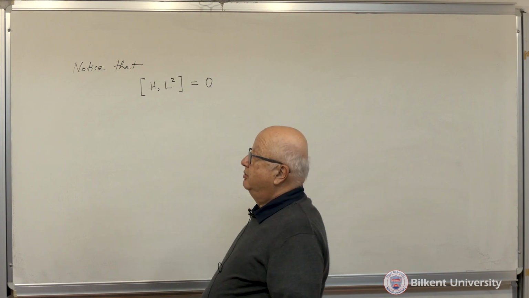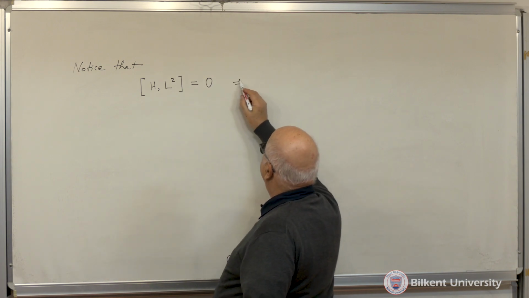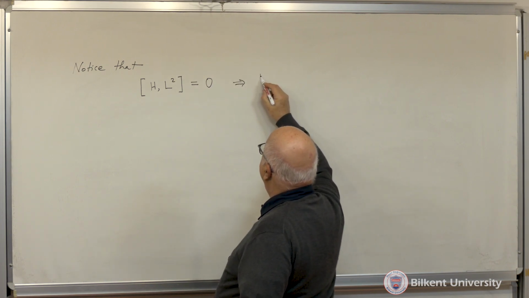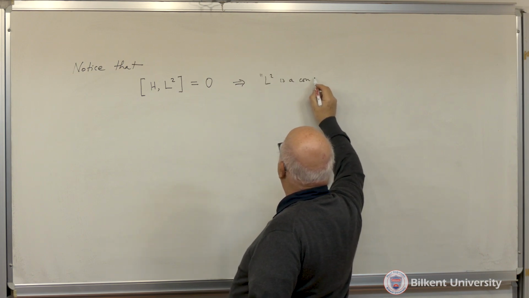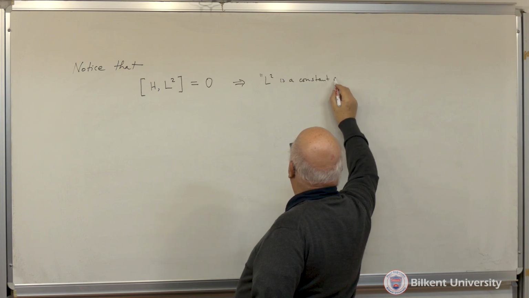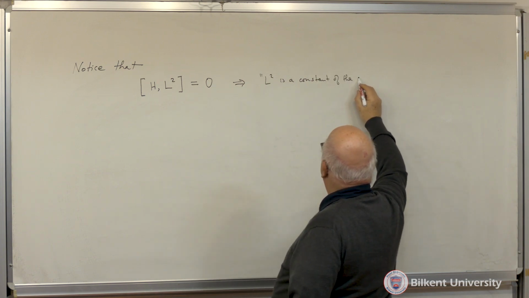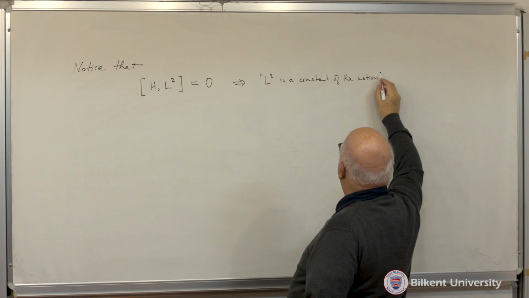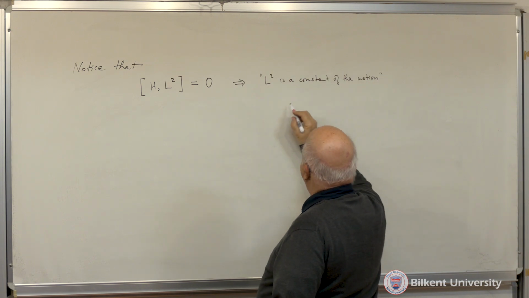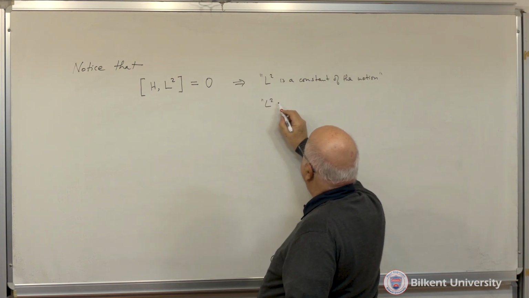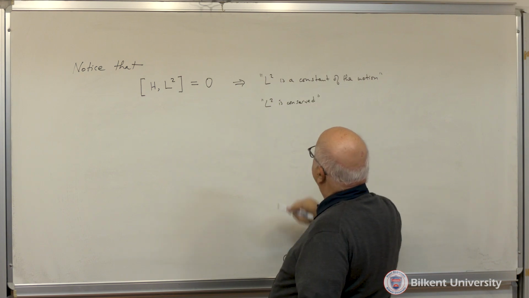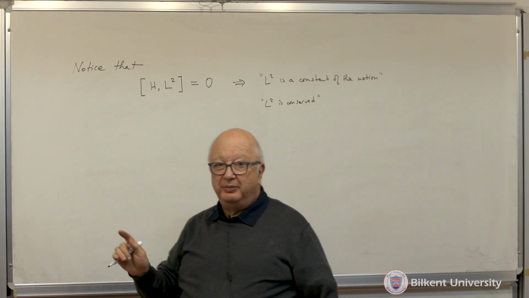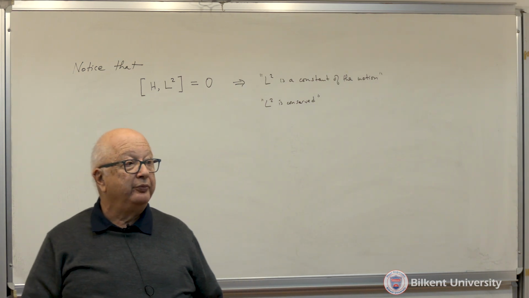Remember our terminology: L squared is a constant of the motion. A less fancy way of saying that is L squared is conserved, so the magnitude of the angular momentum is conserved.